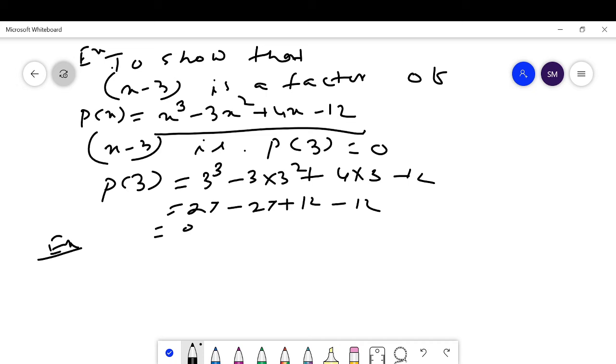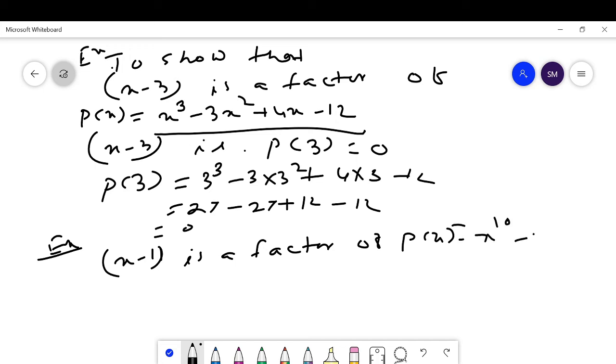Here we have to show that x minus 1 is a factor of both p(x), x to the power 10 minus 1, and q(x), x to the power 11 minus 1.